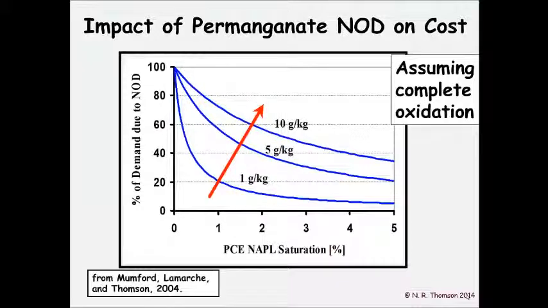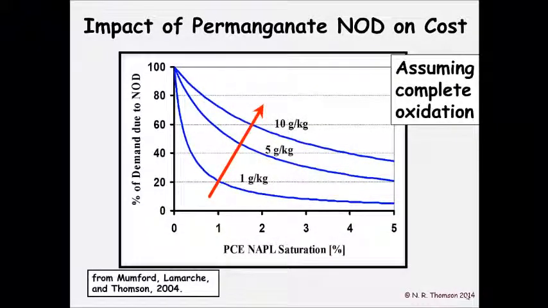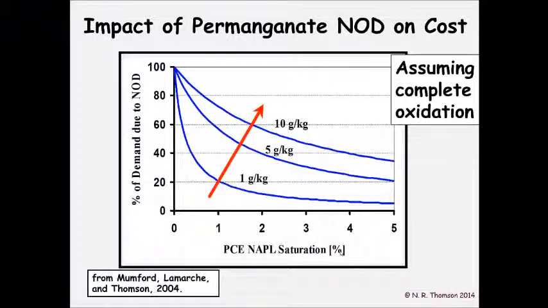So if you did a calculation here of the amount of permanganate required to oxidize completely 2% of pore space occupied by PCE, added that onto an aquifer material that had 5 grams per kilogram of NOD, then you would be staring at a percent of the total demand, that is the demand to oxidize all of the PCE plus the demand to meet the natural oxidant demand of the aquifer solids itself.